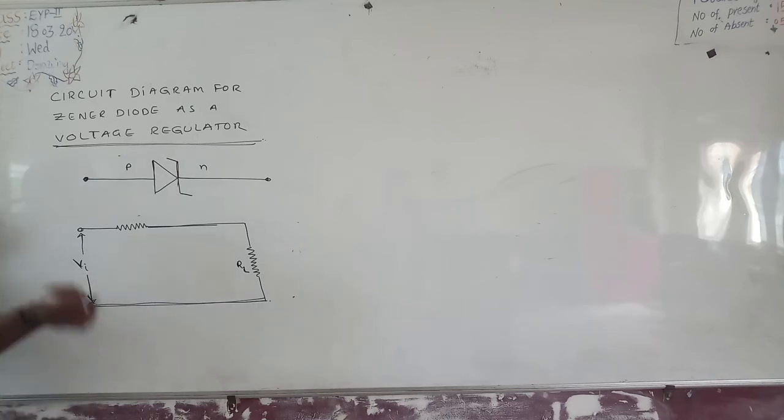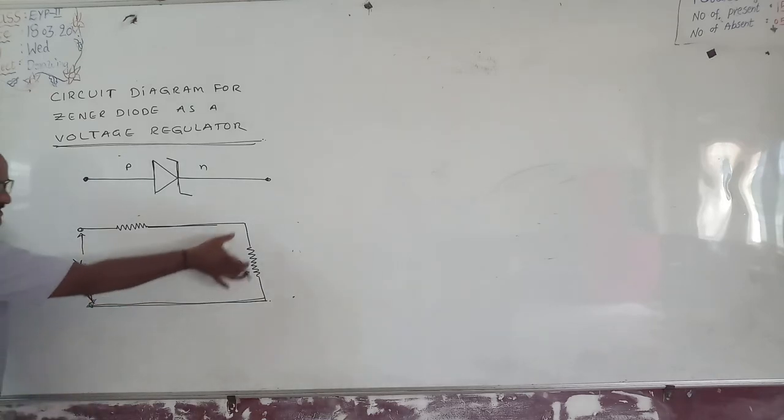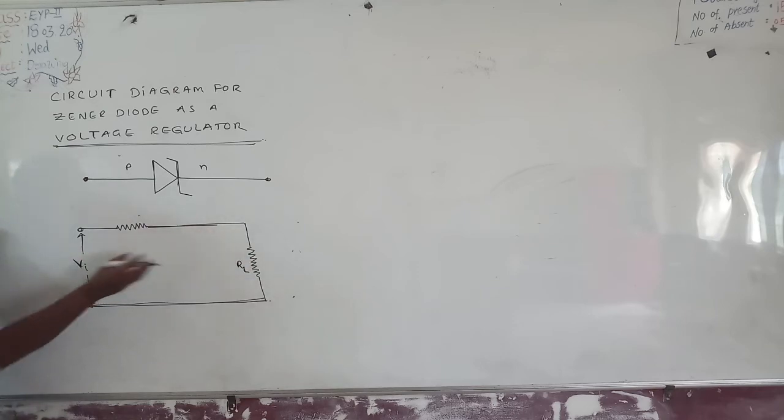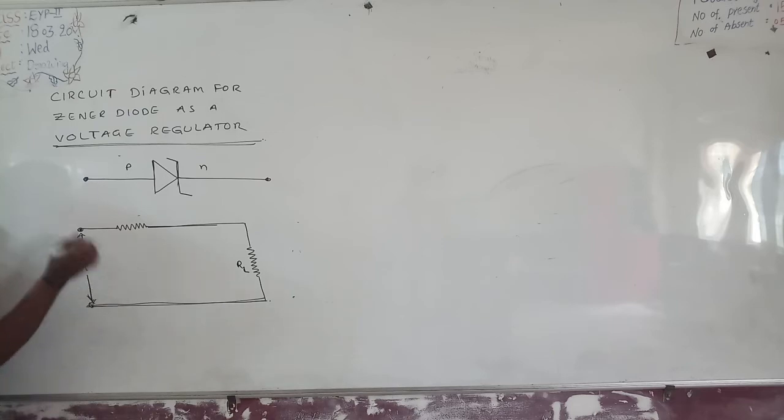But what is the value of input? Suppose the two pins of the fridge are inserted into the pinholes. What is the value of voltage? The voltage coming into the house is nearly 240 volts.